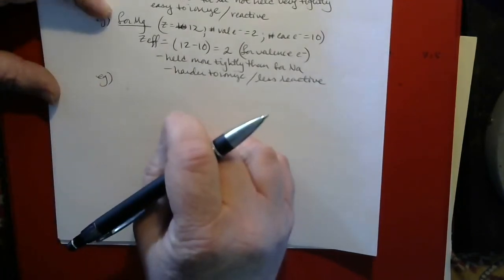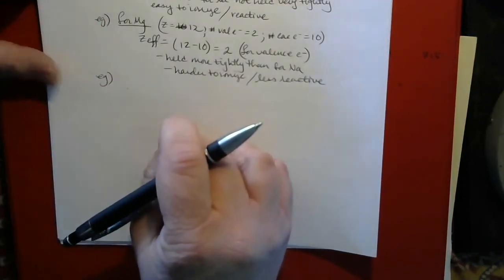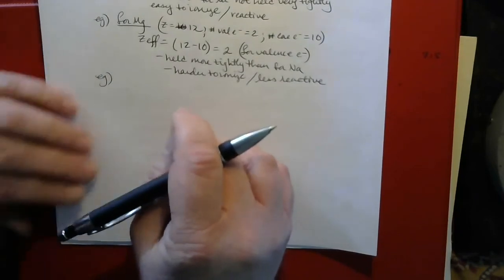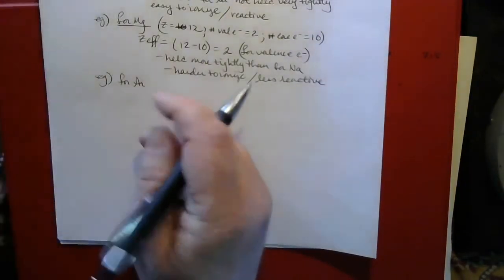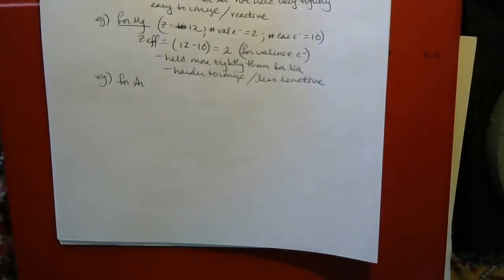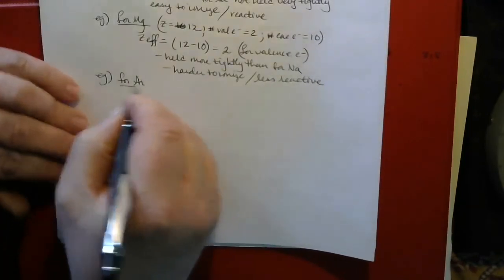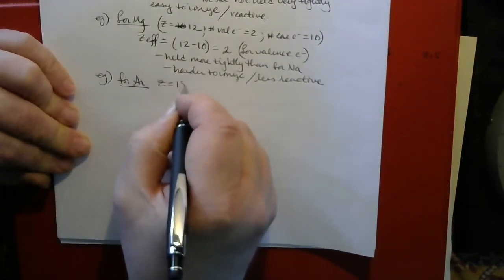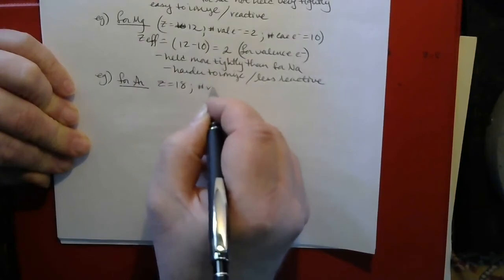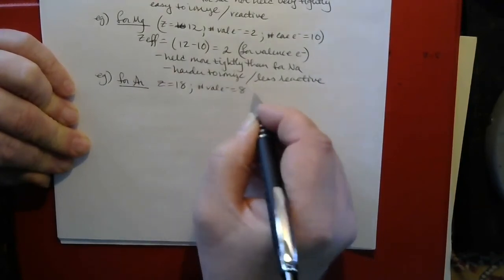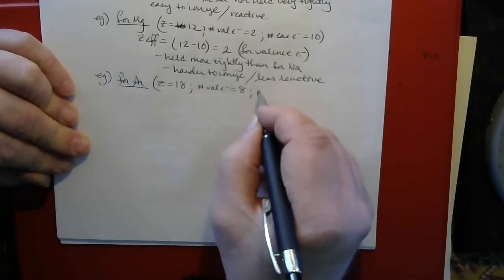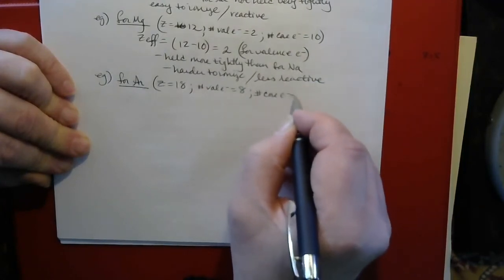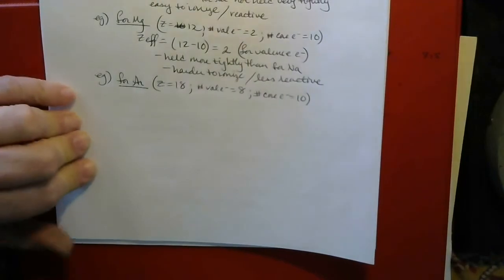Try it for something, say like one of the noble gases. So say for argon. Argon is atomic number 18. The number of valence electrons, it's a noble gas, it's in group 8A, so it has 8 valence electrons. The number of core electrons would be 10.